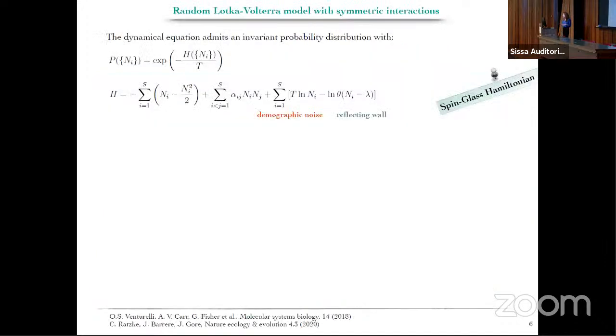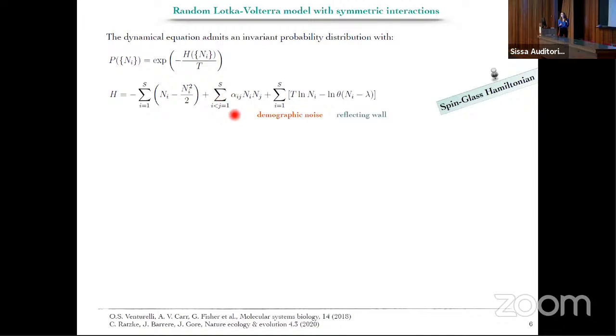The simplest possible scenario that one can think about is for random symmetric interactions, when alpha_ij is equal to alpha_ji. In this particular case, the dynamical equation, the Langevin equation that I showed before, admits an invariant probability distribution in terms of a Hamiltonian H, which takes this form. This is a quadratic term that comes into play thanks to the quadratic potential.